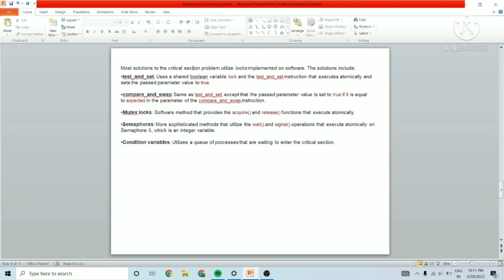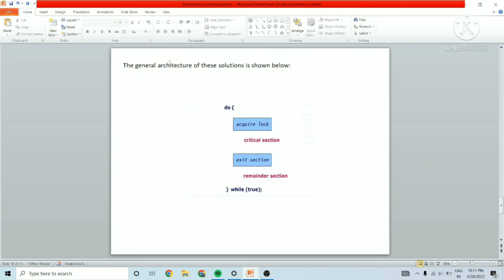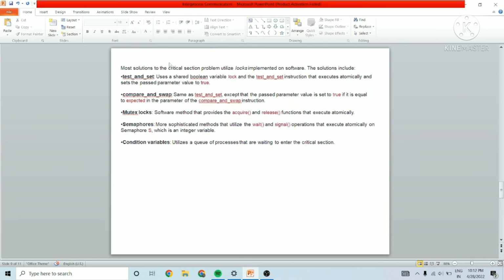Most of the solutions include test and set, compare and swap, locks and semaphores, and condition variables. So let us discuss the generalized architecture of the solution.